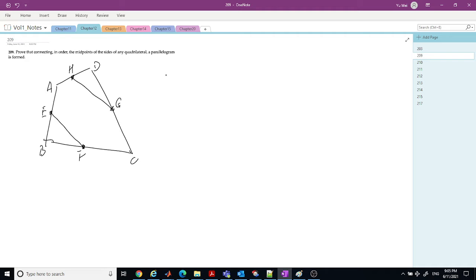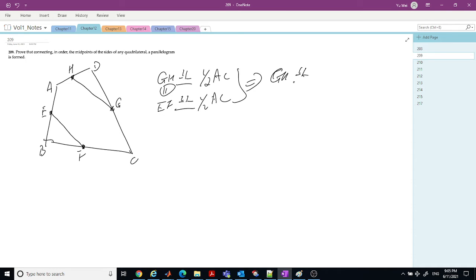We have GH parallel and equal to half of AC, and EF parallel and equal to half of AC. Based on these two, GH equals EF and GH is parallel to EF. Then you can see EFGH is a parallelogram.